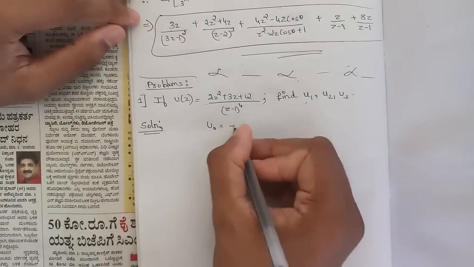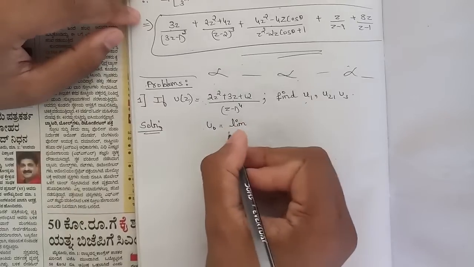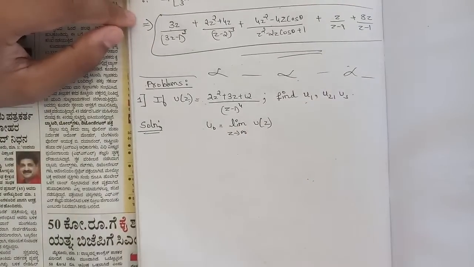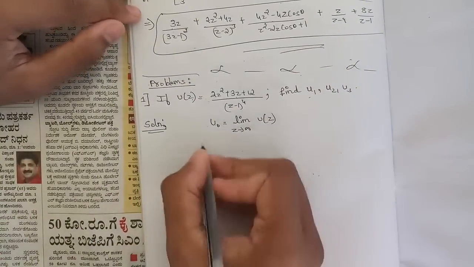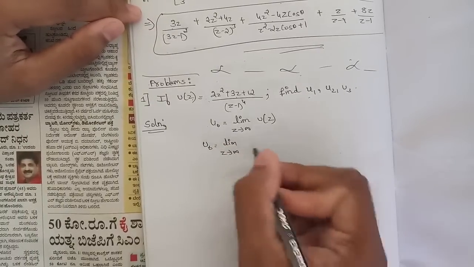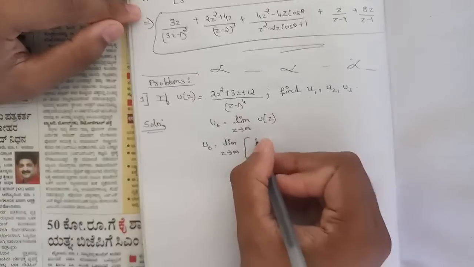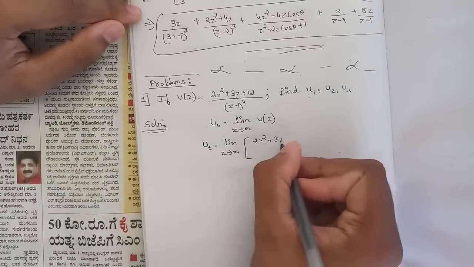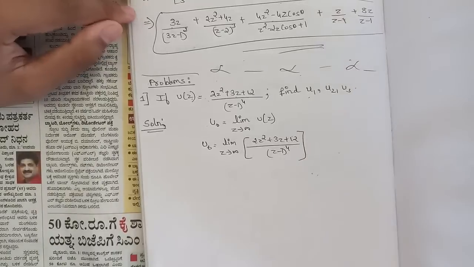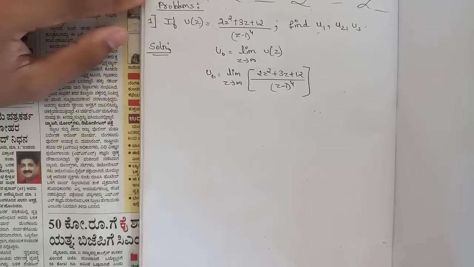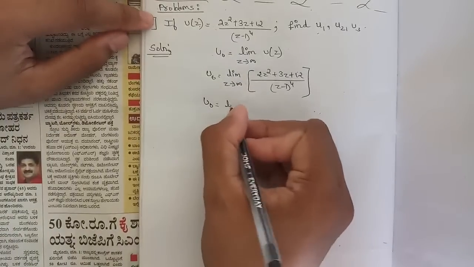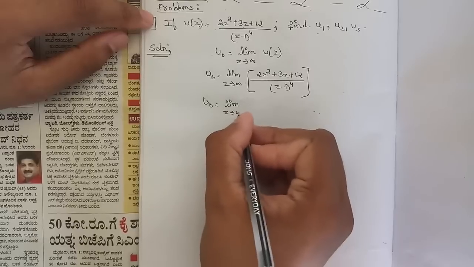So the u0 formula says that we have written it, limit z tending to infinity u of z. Okay, so now write it down. u of z is 2z square plus 3z plus 12 divided by z minus 1 whole power 4. u naught is equal to limit z tends to infinity.